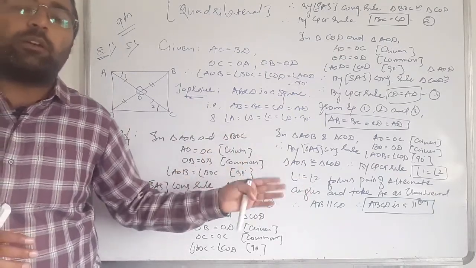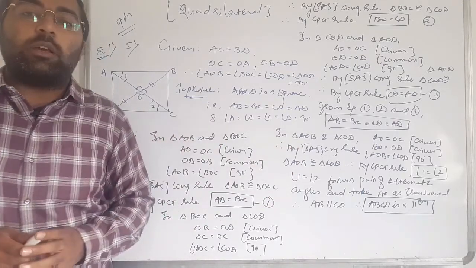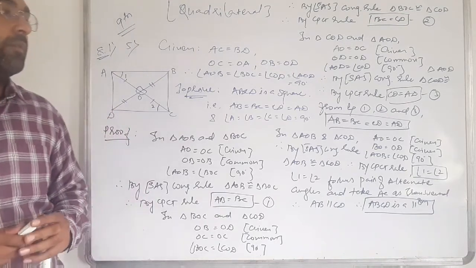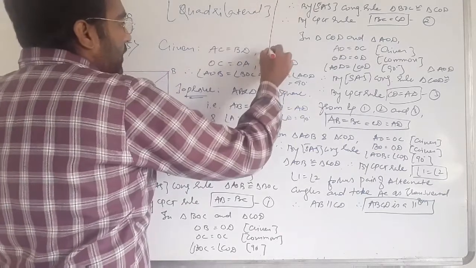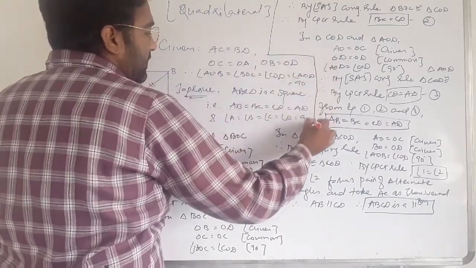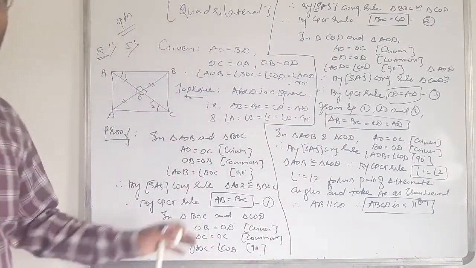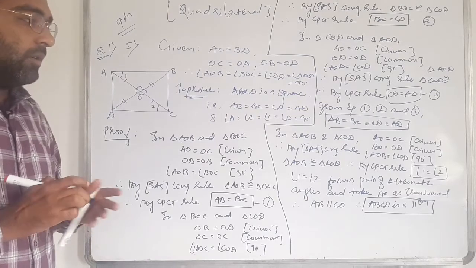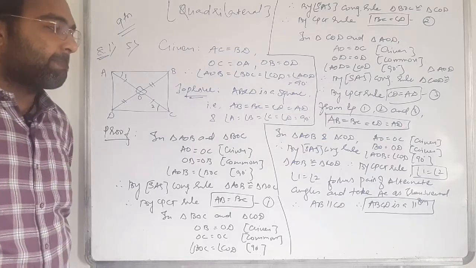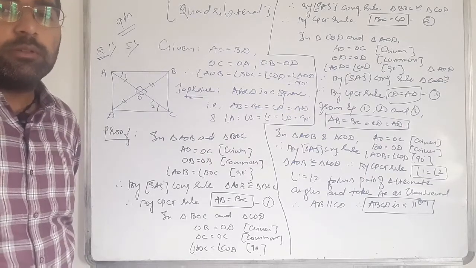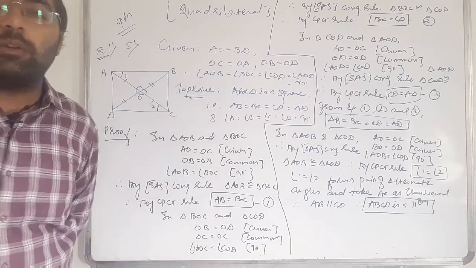So now we have to prove that it is a square by proving all the angles equal to 90 degrees. First of all, note down this part. After that we have to move to the second stage of the proof. Note down this. After that we are moving to the second part, that is all the angles equal to 90 degrees.